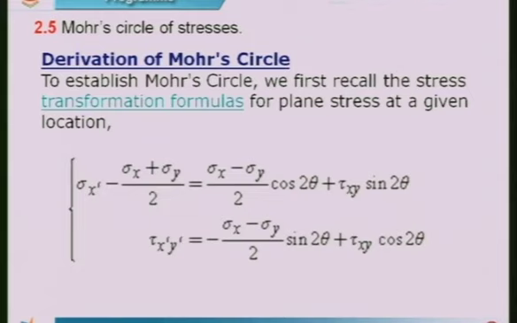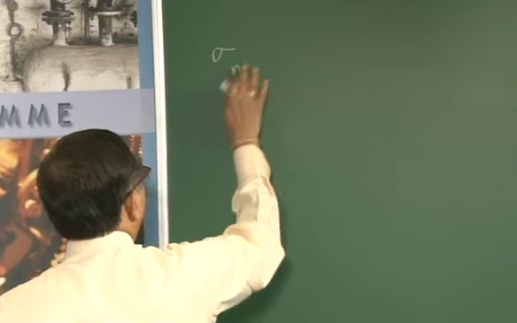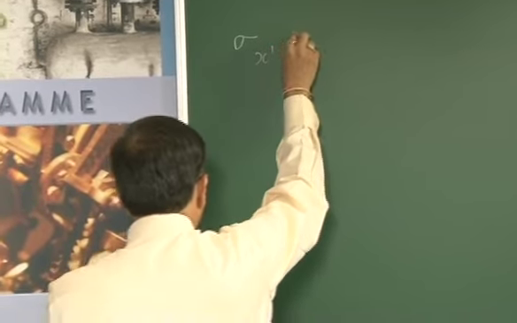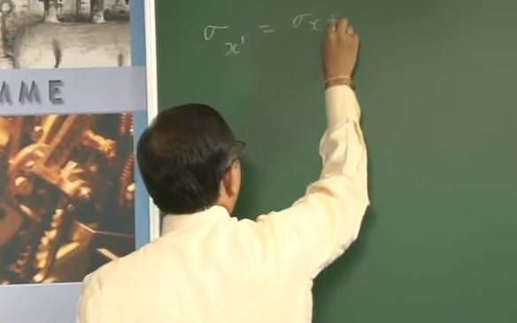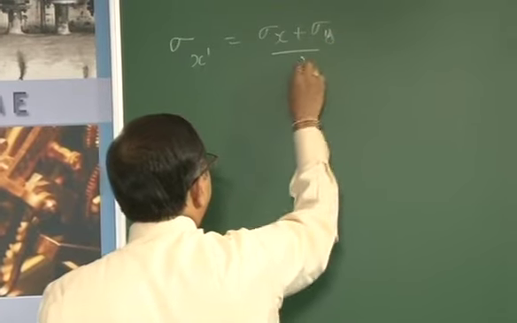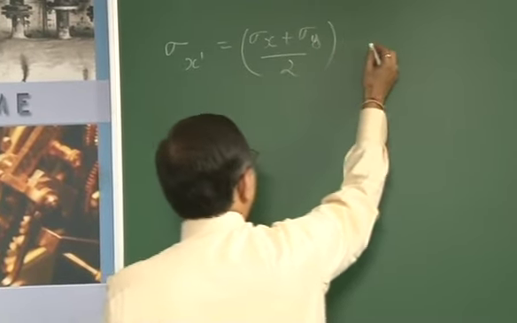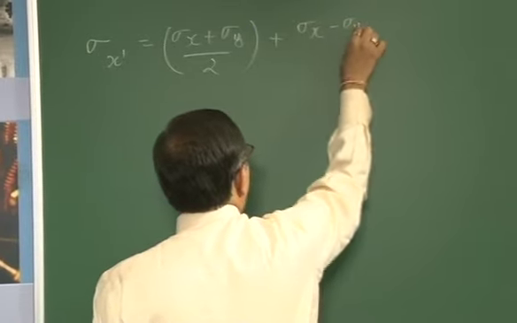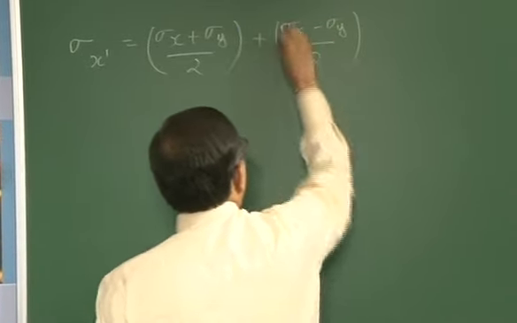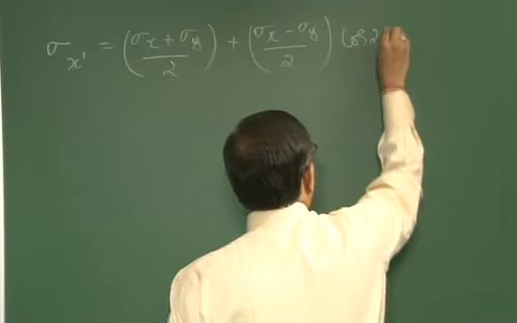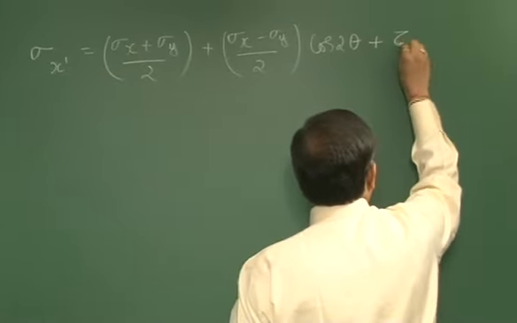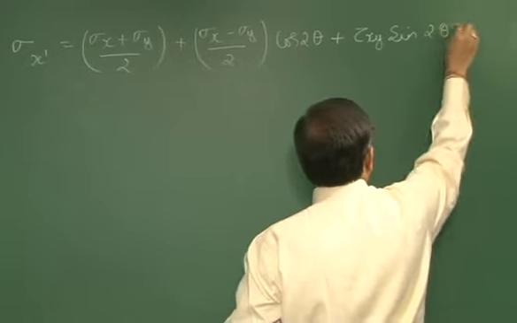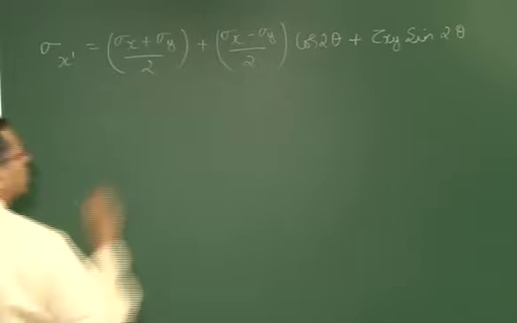So what we have here is sigma n, or we can also represent this as sigma x dash, which is equal to sigma x plus sigma y by 2, as we had derived earlier, plus sigma x minus sigma y by 2 into cos 2 theta plus tau xy sin 2 theta. Now, we would square this equation on both sides.